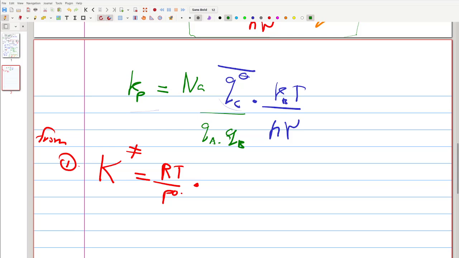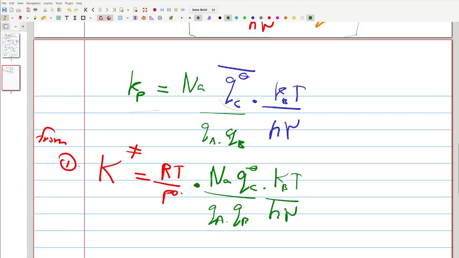Multiplied by Kp, here you write Na Q bar over C, k_B T over h nu, Qa, Qb. All right, so now we have an expression for K double dagger.